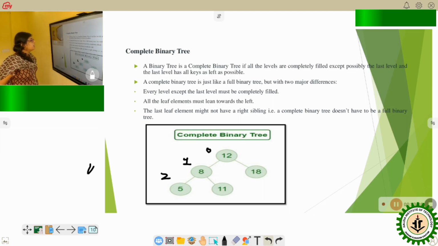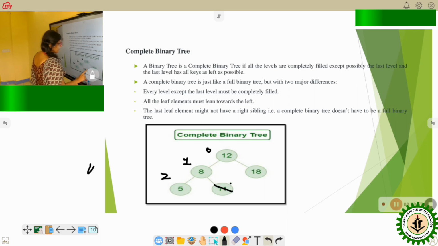Again, the last point: the last leaf element might not have a right sibling. That is, a complete binary tree does not have to be a full binary tree. The last leaf element might not have a right sibling. Suppose the last leaf element, so here the last leaf element is 5. If 11 is not present here, it is not having a sibling, only 5 is present.